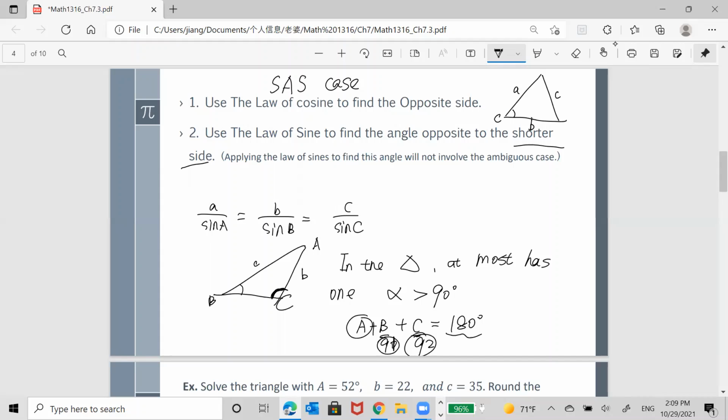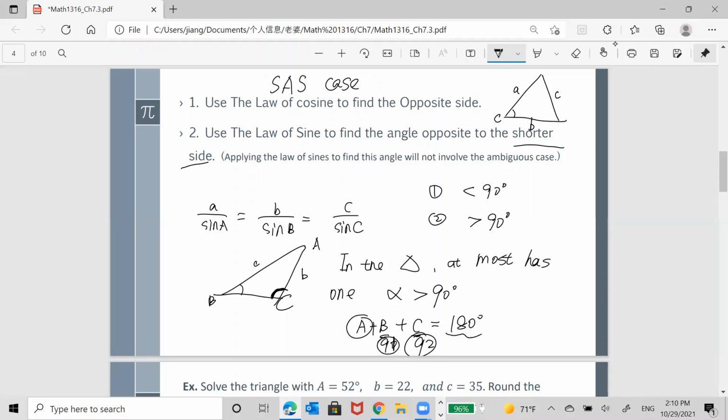So go back to number 2. Use the law of sine to find the angle opposite the shorter side. When we use the law of sine formula to find the angle, it maybe has two cases. One is less than 90 degrees, the second is greater than 90 degrees.